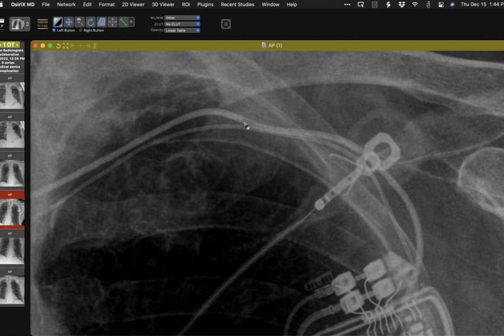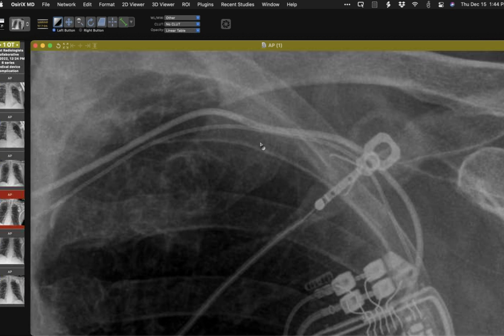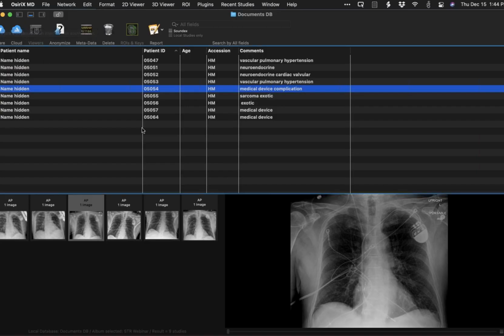But there's the gap of about 1 centimeter of the broken lead from here to about there. I hope you can appreciate that. But you're only going to see that and confirm the break if you both zoom and change the window width to really bring it out right there. So they replaced that lead and put a new one in. They didn't extract that one, they just put a new one in for that broken lead.